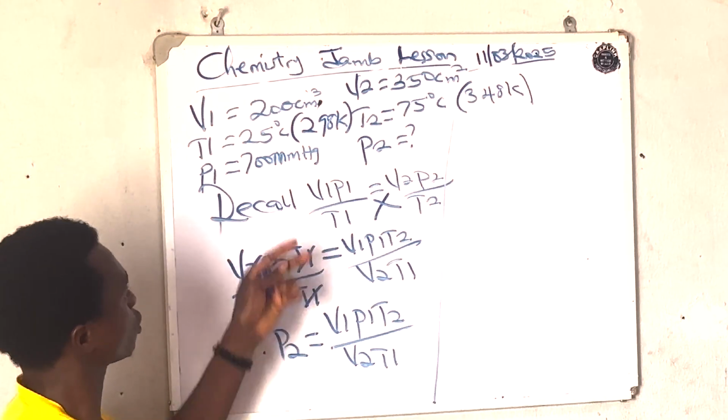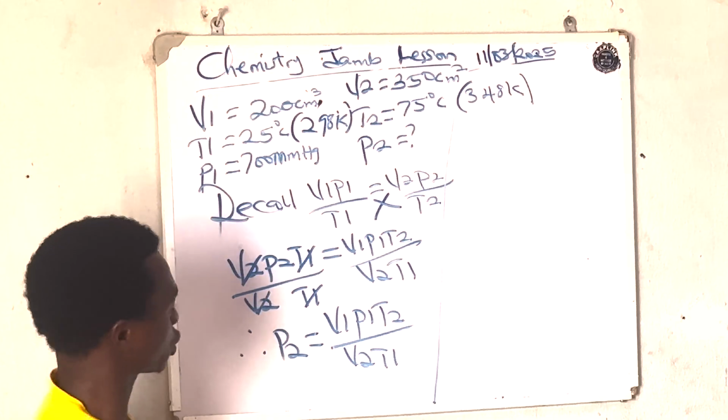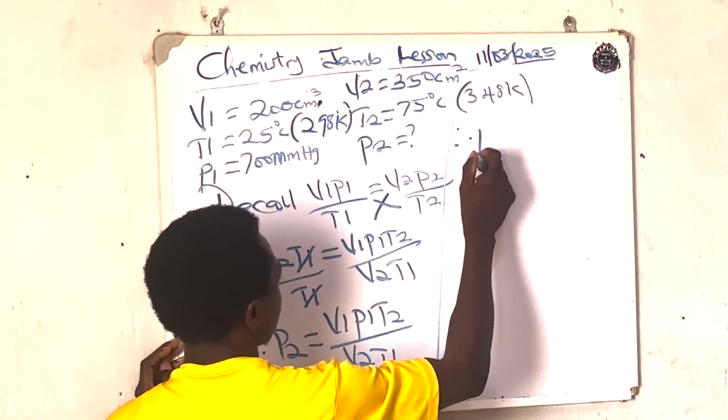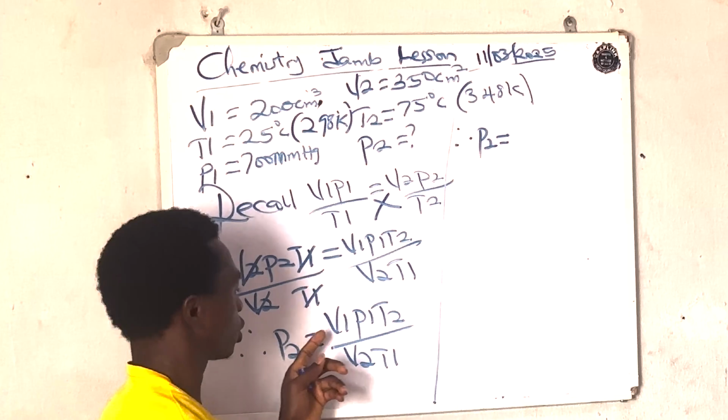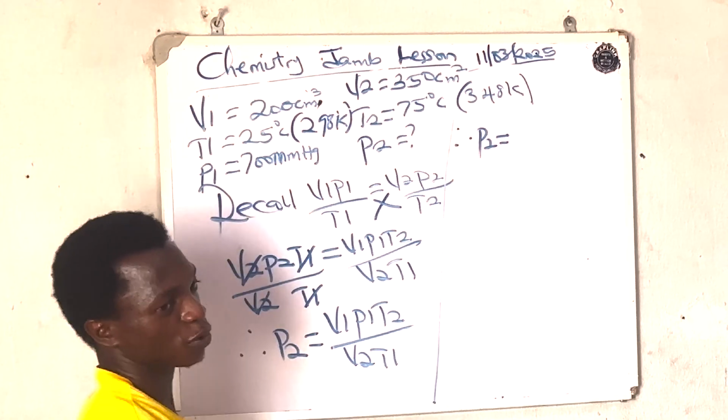Let's substitute the values into the equation such that our P2 now becomes, remember that V1 is 200.